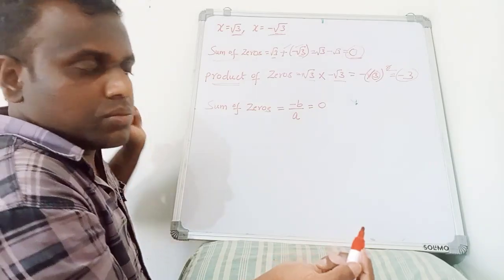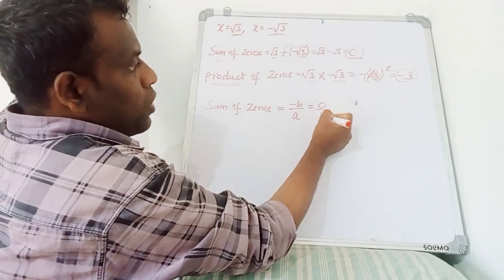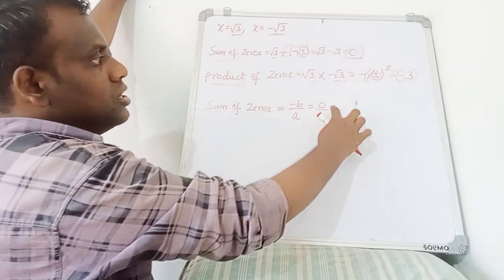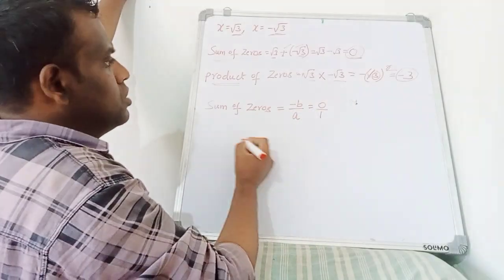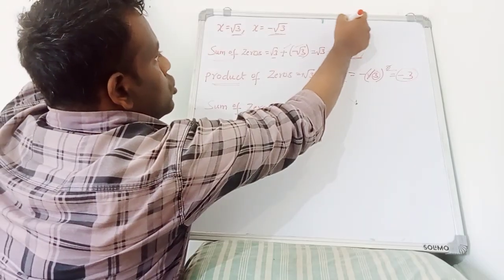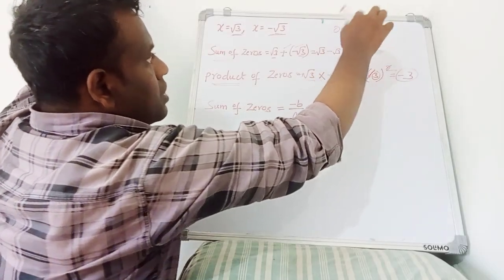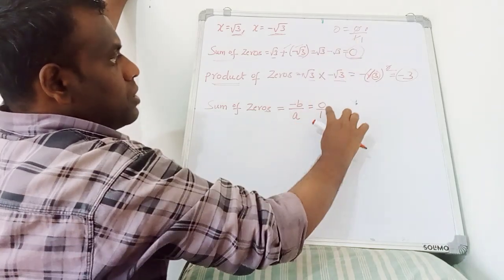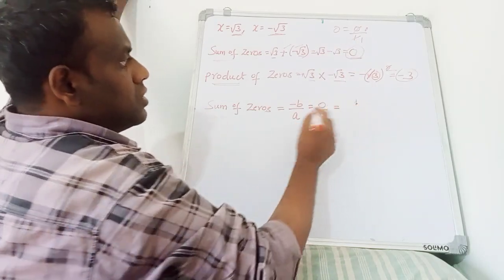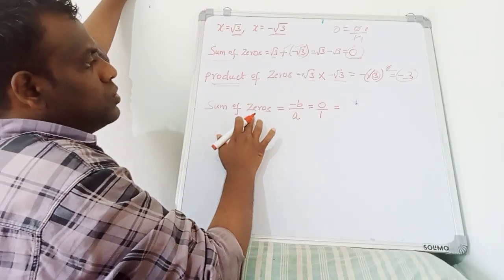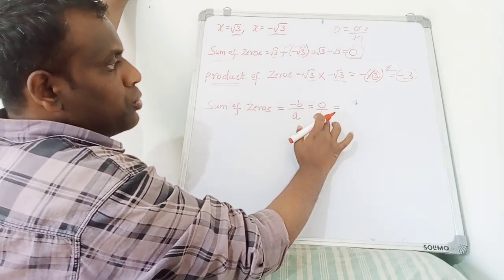What is a? The question comes. For that, see, 0 can be written as 0 divided by 1. 0 divided by anything will get 0 only. So 0 is equal to 0 by 1. So 0 can be written as 0 by 1. So I have written like this. Sum of zeros in terms of b and a, and the values I put.